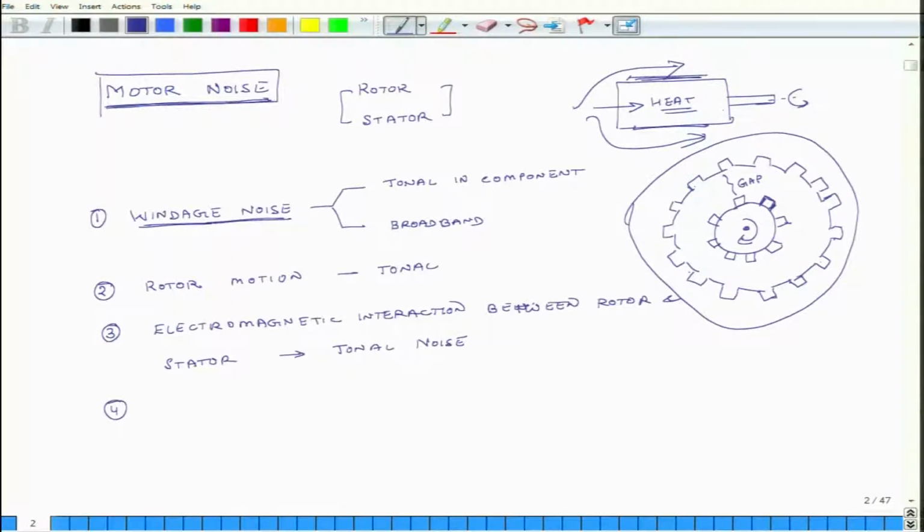The fourth one is changing magnetic flux density. Changing magnetic flux density in stator.